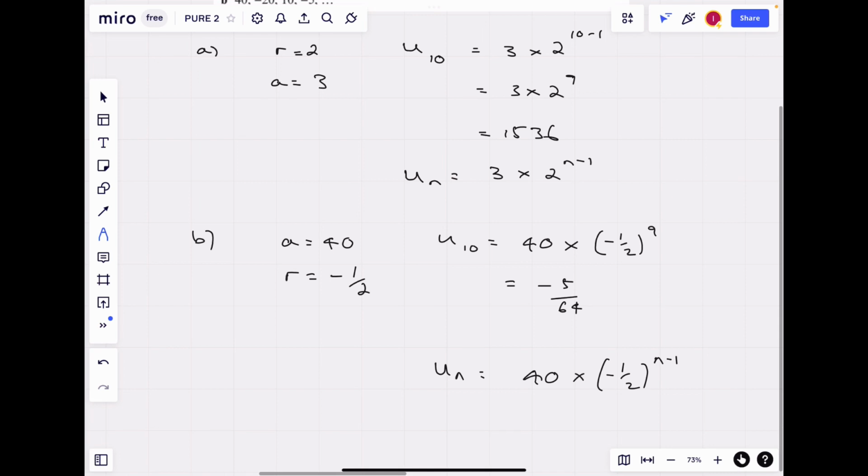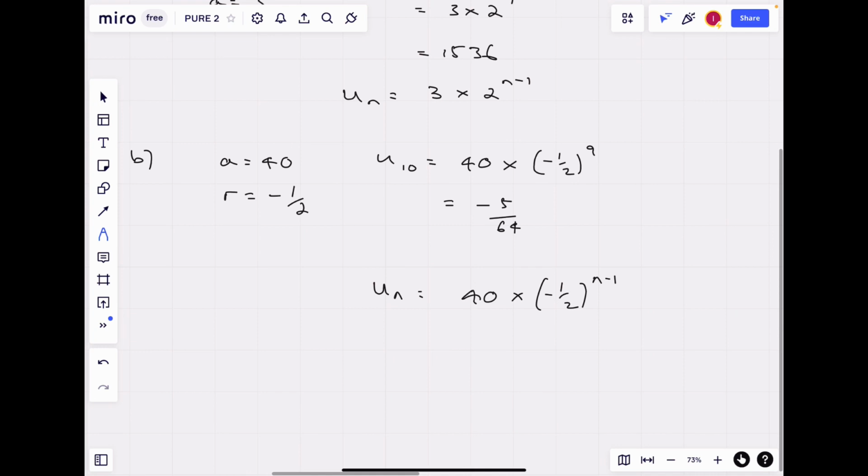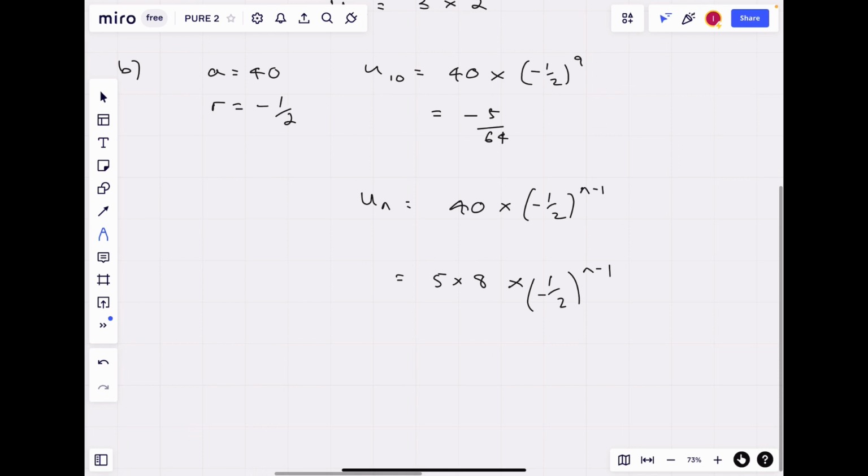Okay, from here, you can use your laws of indices to simplify this as much as possible. So let's split 40 into 5 and 8, and then let's split 8 into 2 cubed.